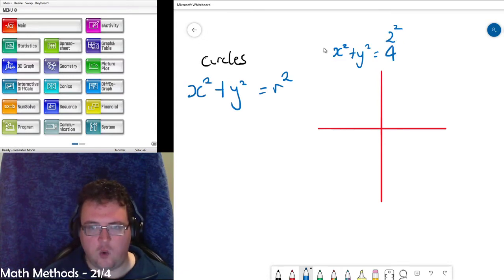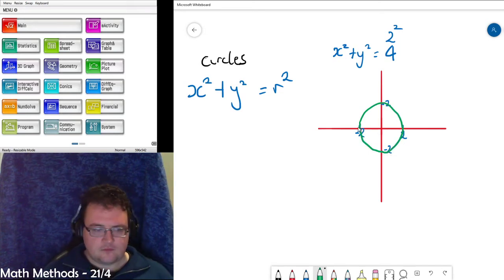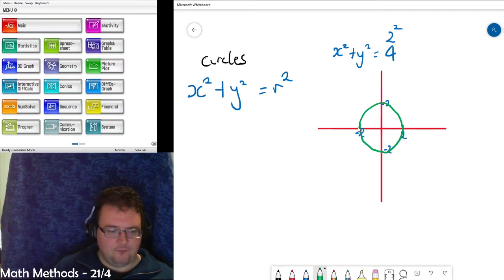So what this equation would actually create is a graph that centers around 0, 0, and it has a radius of 2. So what I would do is go around and mark my points there, and I would mark the graph like so.